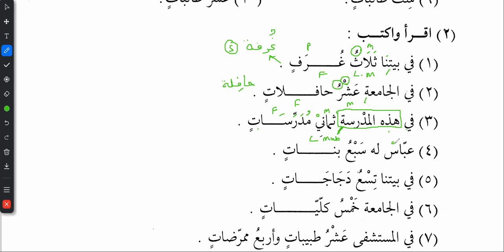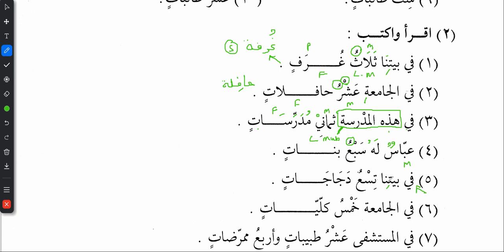Abbasu or Abbasun lahu. Now here we have our mubtada. Lahu has come afterwards, so this is our khabar. Our khabar is continuing. Lahu sab'u banatin. As we know, khabar is also marfu, so that's why sab'u banatin, he has 7 girls. Fi baytina, this is also a shibh jumla.